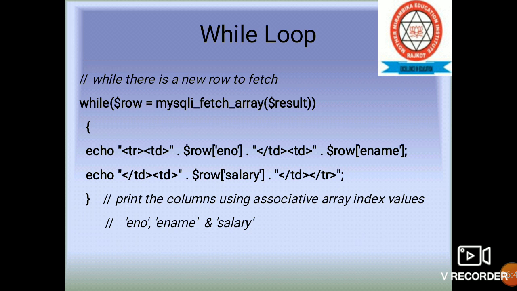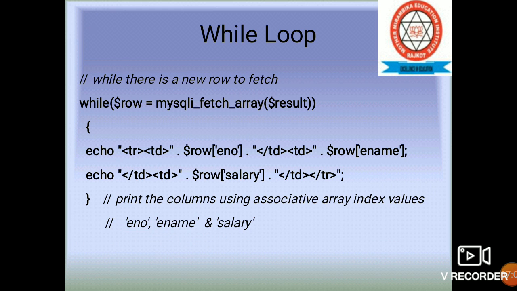Next is the while loop. So let's see how it works. Very first, the while keyword is used, then in brackets we are using the mysql_fetch_array function. Again it will fetch a single record of the $result variable, and the whole row will be assigned to the $row variable.